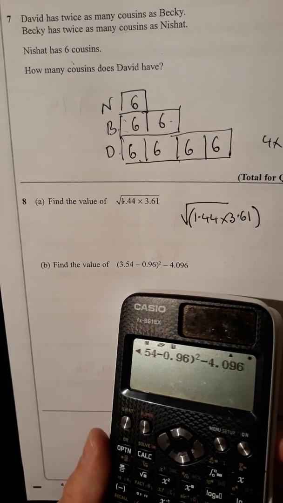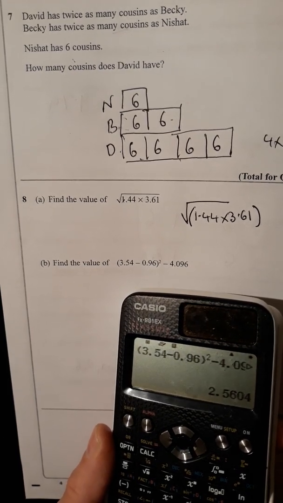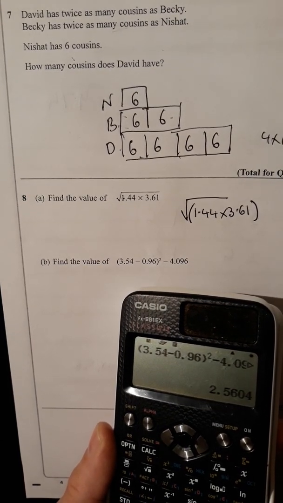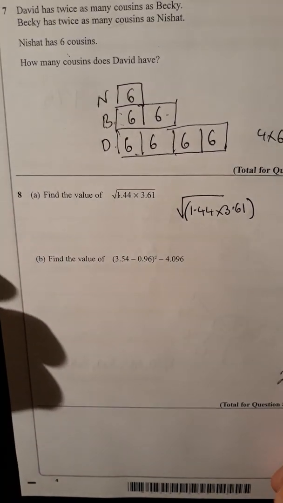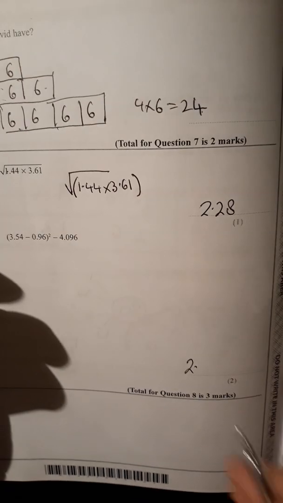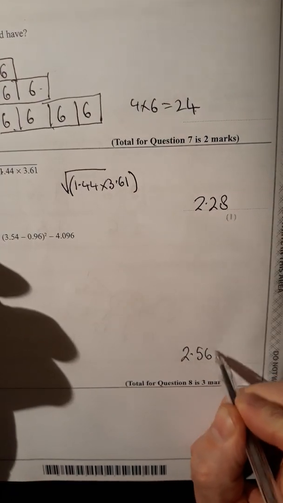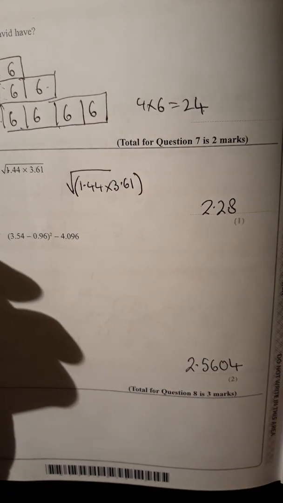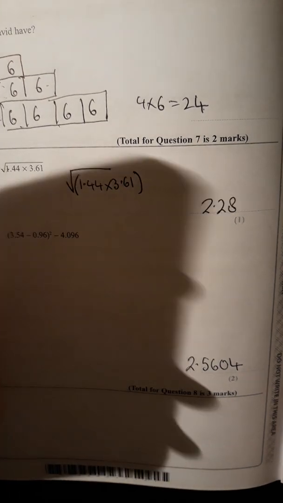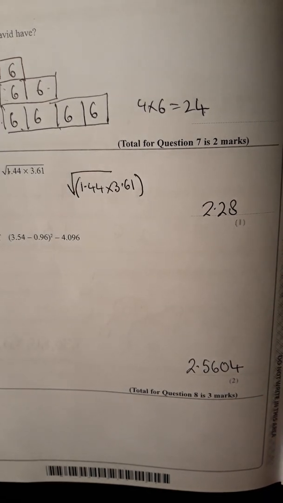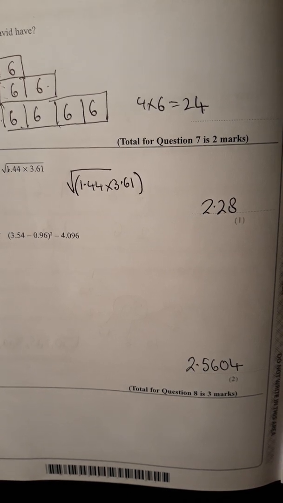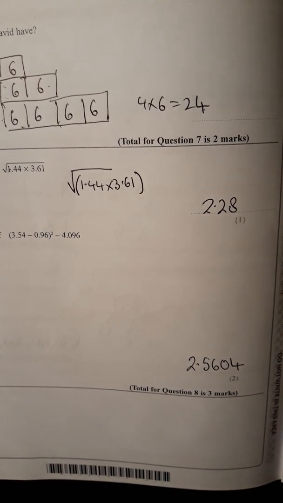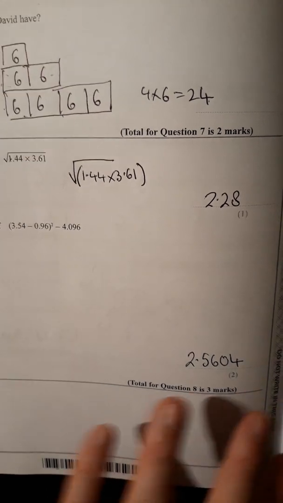Okay, so I've got that there, and I'm getting an answer of 2.5604. If you ever see the syntax error that came up there, that means you've done something wrong in how you've input it. In my case, it was that I hadn't put in the bracket at the start.